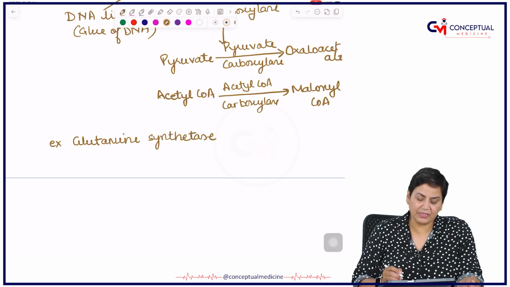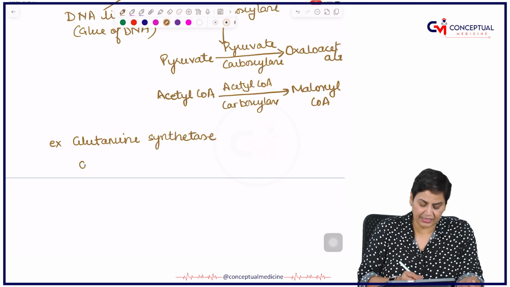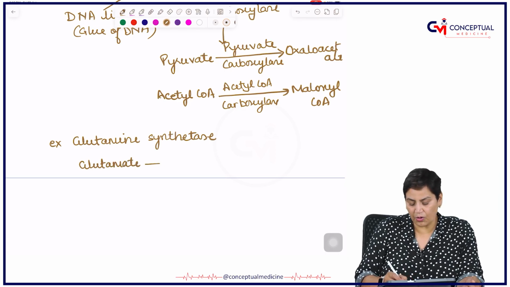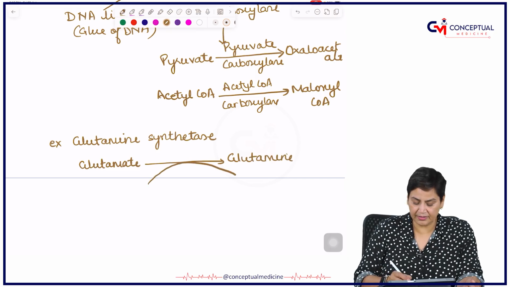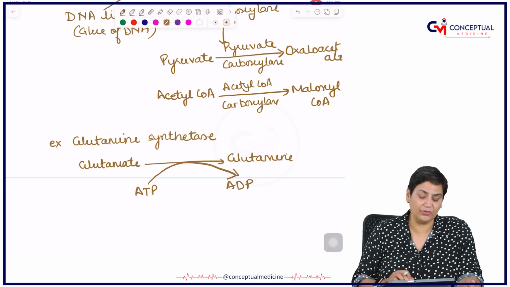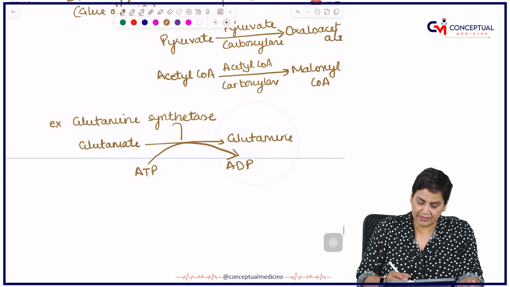Right. What happens in glutamine synthesis? We can simply say that glutamate forms glutamine. ATP is required. And this reaction is strictly irreversible. The name of the enzyme is this.